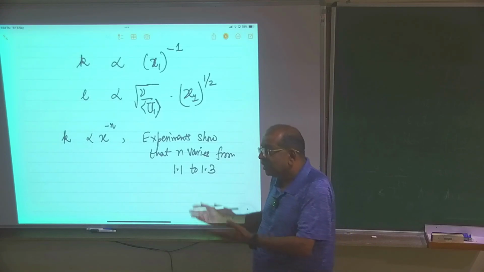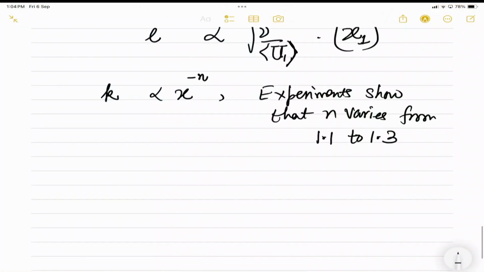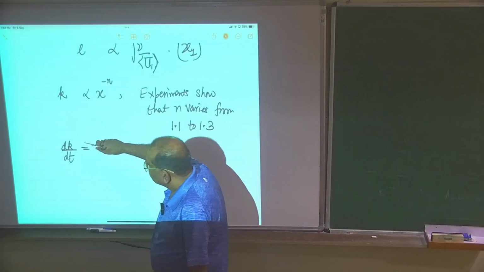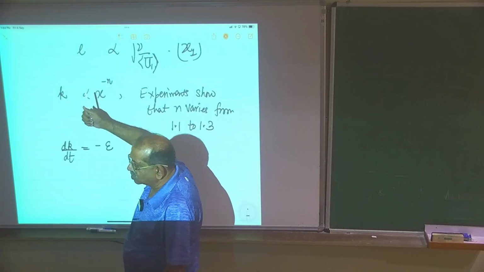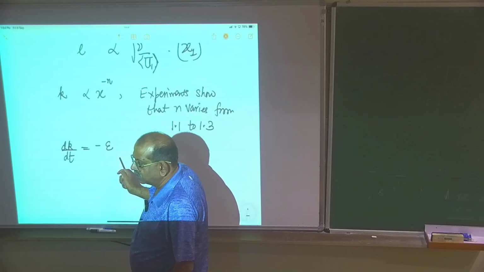And then, of course, one thing one can do, if you realize the equation we had, is write things in terms of the frame moving with the mean velocity. Then the equation becomes dk by dt is equal to minus epsilon.